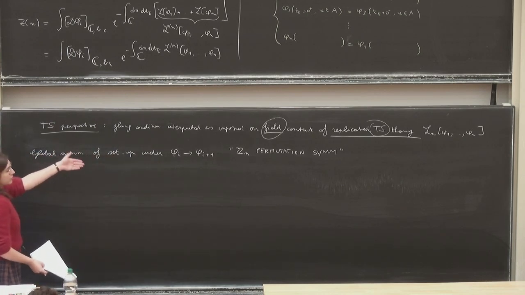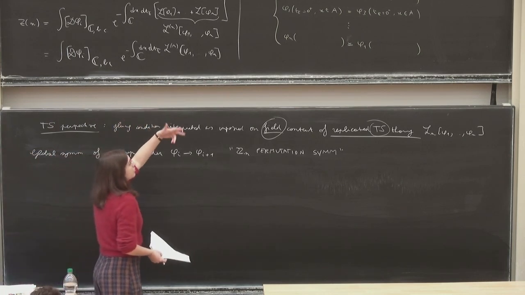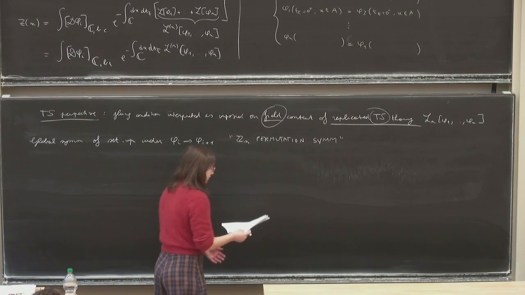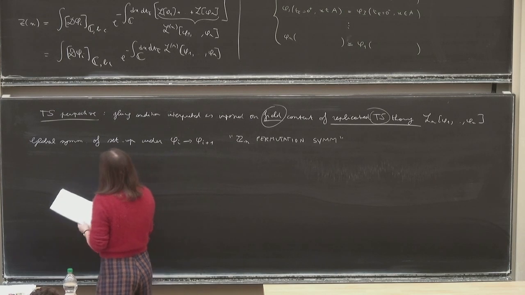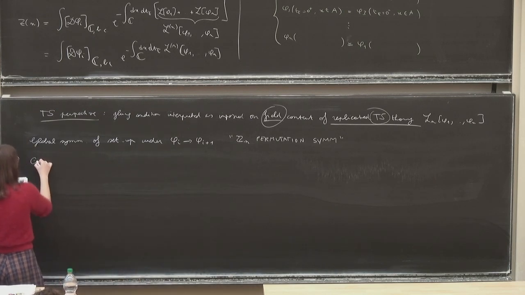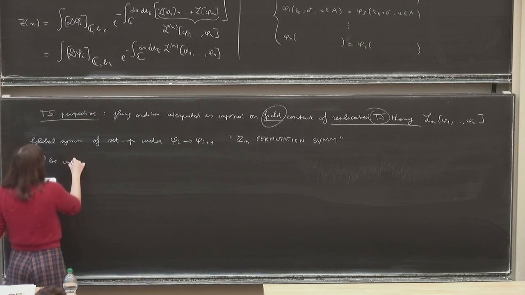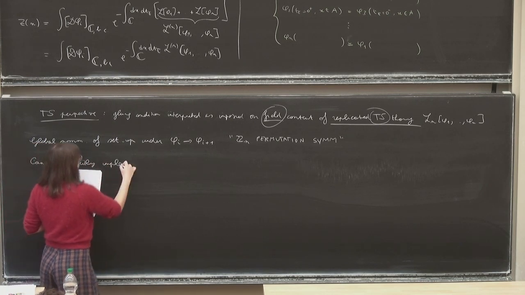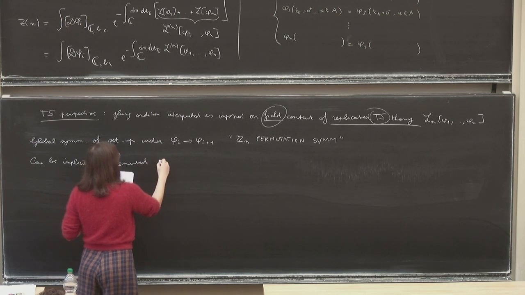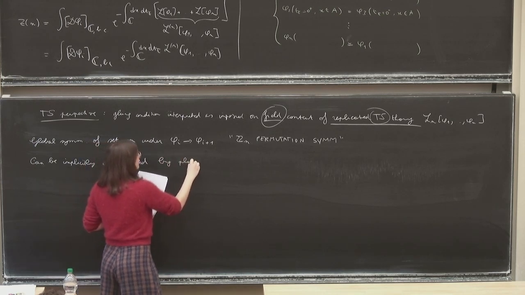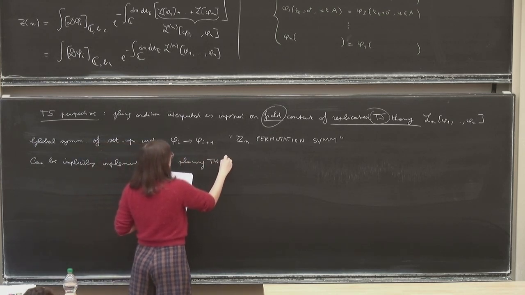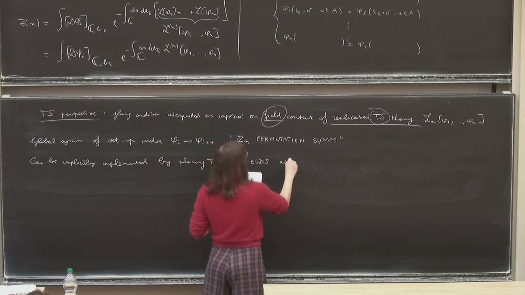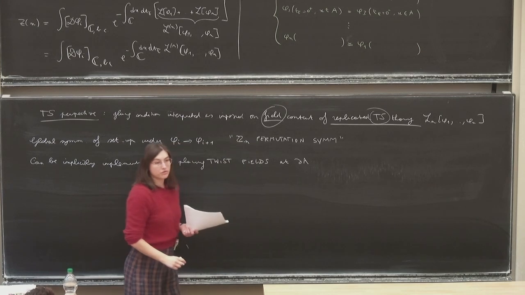Now it's a global symmetry of the setup in terms of fields. Field symmetry. But the point is that this global symmetry can be implicitly implemented by placing so-called twist fields at the boundary points of your interval.